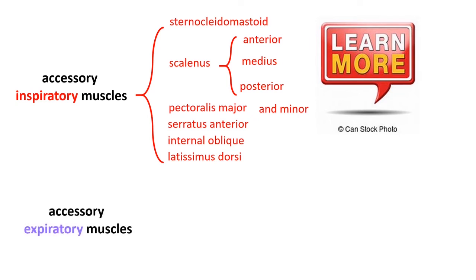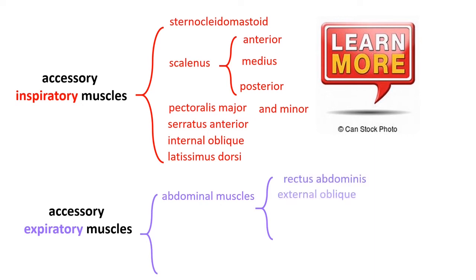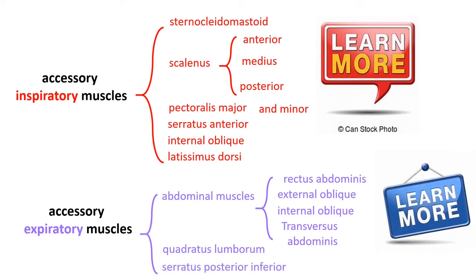Then we have accessory expiratory muscles as well, and these are the abdominal muscles. When we cough, we need extra expiratory muscles, and when you cough, touch your anterior abdominal wall and see how it is contracting. We will be talking about these muscles quite soon, and these are muscles of the back.